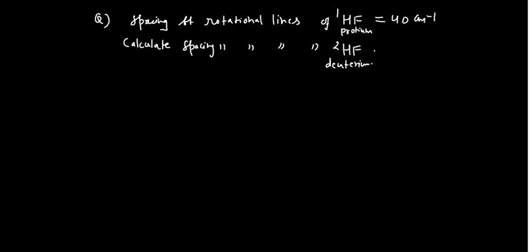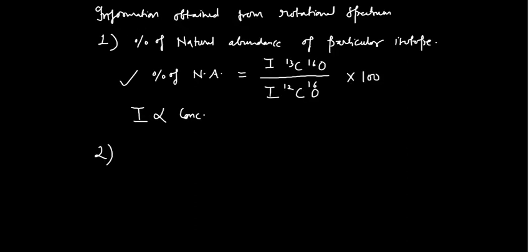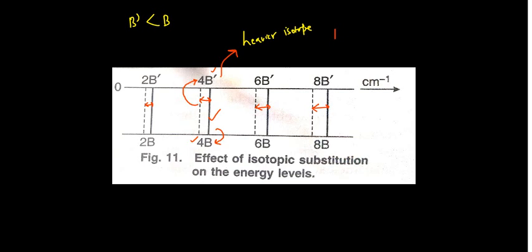So how to do that? You have been given the spacing between the rotational lines, and what is the spacing between the lines in the rotational spectrum? I have already told you this is actually 2b. Let us check. If you take these two lines, this is 2b, this is 4b, that means the gap is 2b.